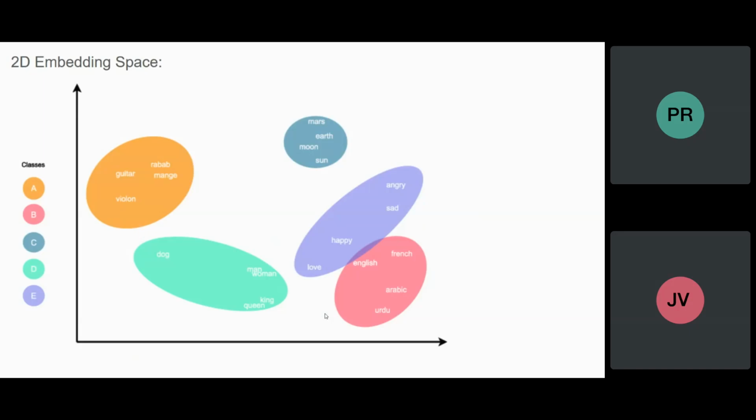So this is a 2D embedding space. You can see there are different classes, and each of those classes has some similarities, or in which class they would lie. There are living creatures: man, woman, king, queen, and those are the more human-related attributes. And then there is a dog. Within the class you can see the dog has been placed far from the human attributes, but still in the class of living creatures.